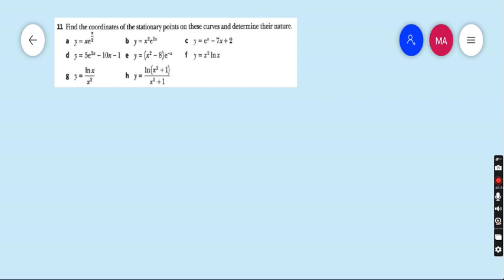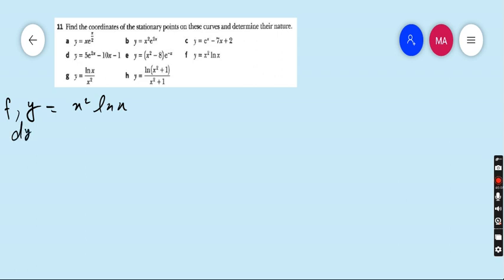Part F is y equals to x square ln x. Very easy.